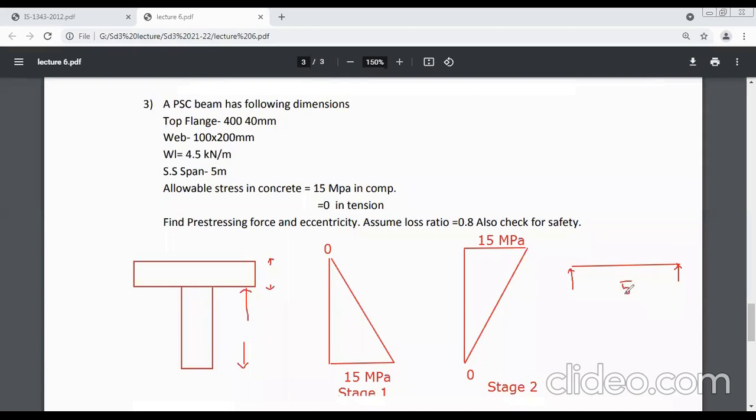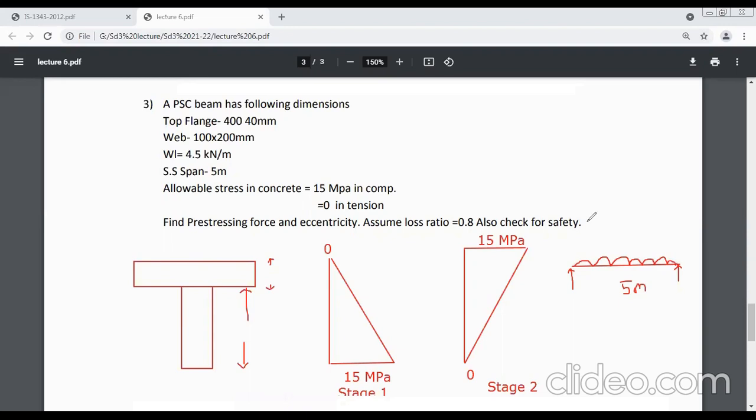The loading on that beam is a uniformly distributed load. Due to self load it is a uniformly distributed load. The live load is also given as UDL, uniformly distributed loading. So this part is given in the example.